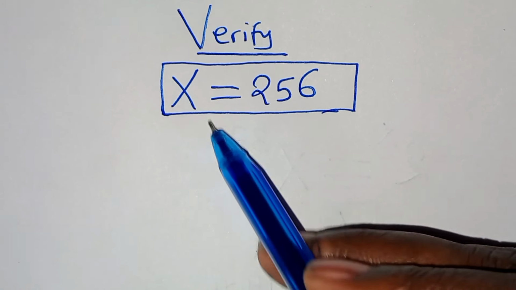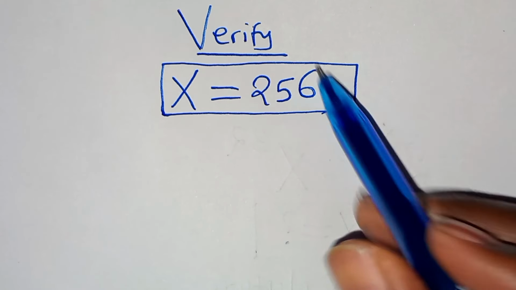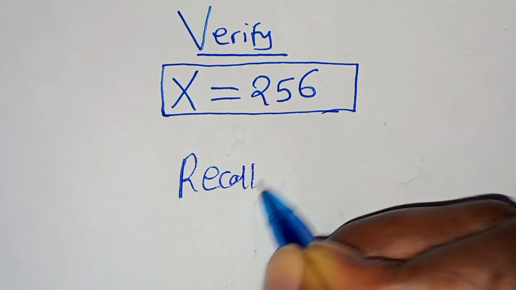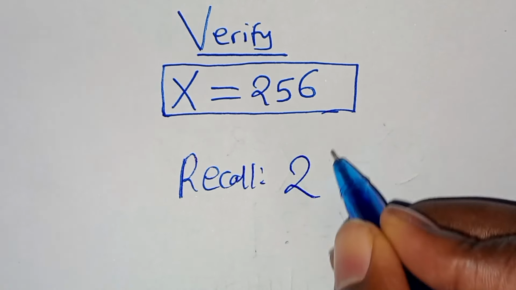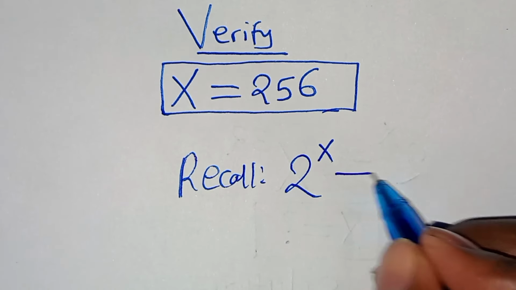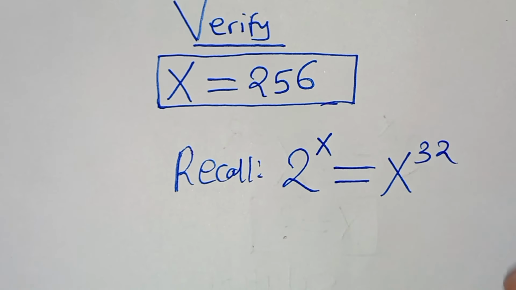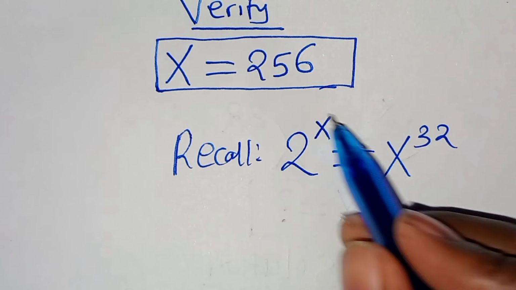Now let's verify that the value of x, which is equal to 256, satisfies the equation. If you recall, 2 to the power of x is supposed to be equal to x to the power of 32. Let's substitute the value of x.